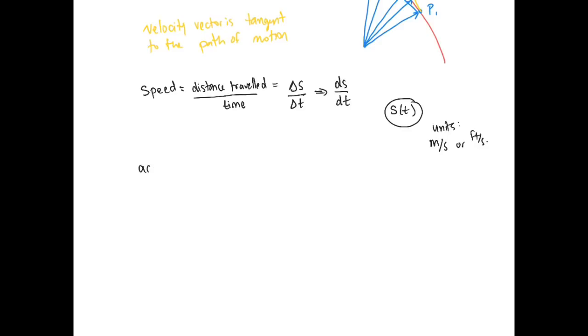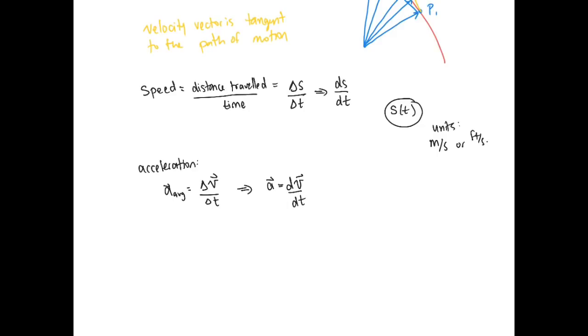Now, for acceleration, acceleration is the change in velocity with respect to time. So your average acceleration is equal to your delta v over delta t. If you want the instantaneous acceleration, you would take the limit. So then your instantaneous acceleration is equal to dv over dt.